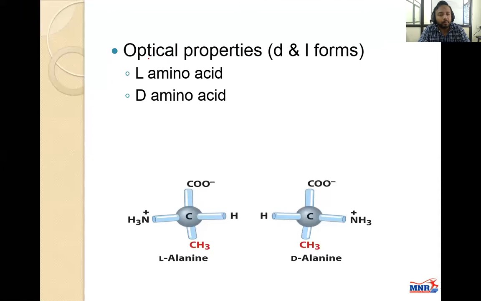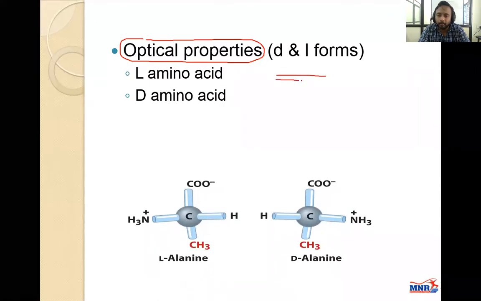Next, optical property. What do you understand by optical property? Whether the amino acid has any characteristic interaction with polarized light. Okay, when you allow polarized light to travel across a liquid which is a single amino acid, like for example, you have added alanine in one and glycine in another.